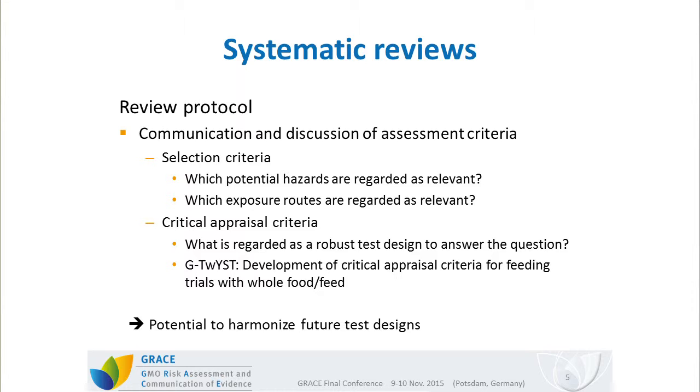In addition to the selection criteria, we now have the critical appraisal criteria, which would help to determine what is regarded as a robust test design to answer a specific question. This would again facilitate the discussion and have the potential to harmonize future test designs which address a specific question.